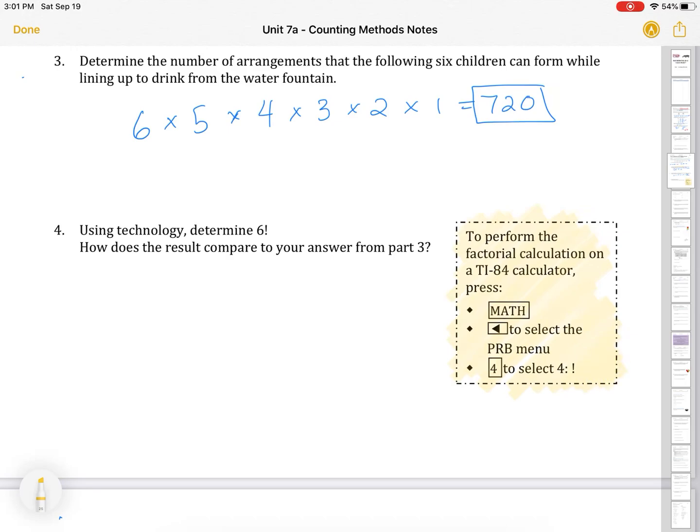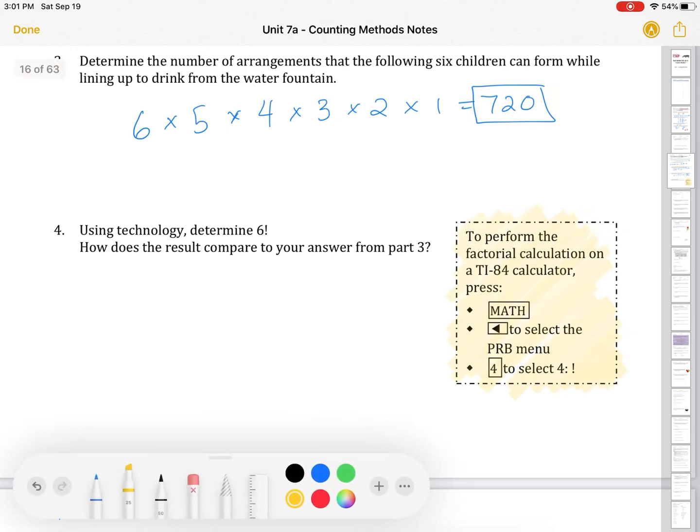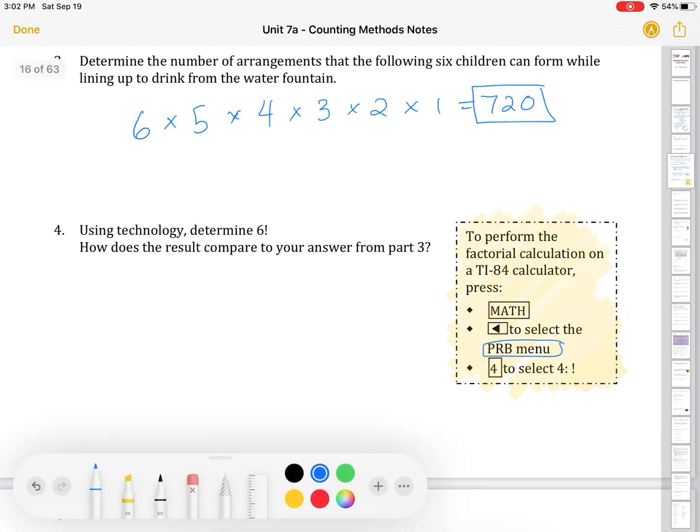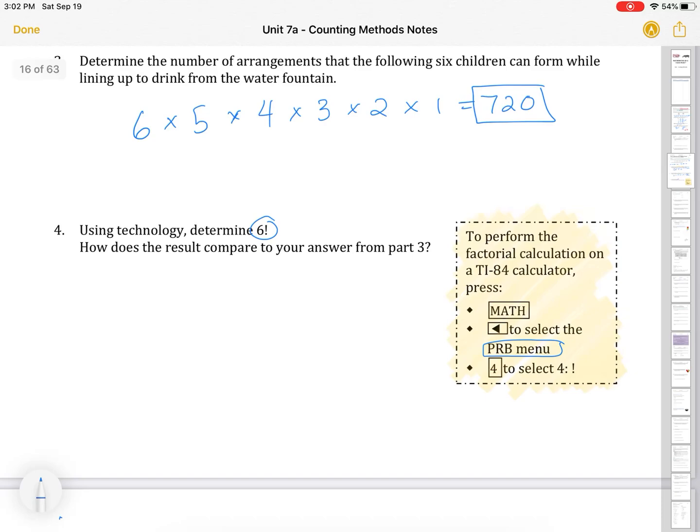To perform it, however, on the TI-84, you press Math, and then you select the PRB menu, and you choose 4, which is the factorial. So you type in 6, choose Math, etc. And like I said, I will do another mini video to show you how to do factorials on your calculator so you can see it.